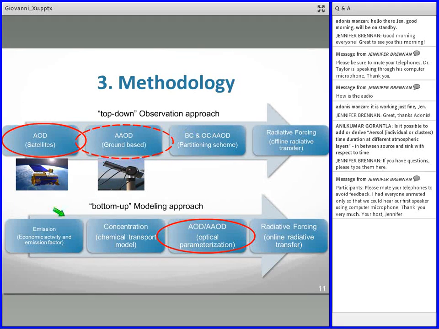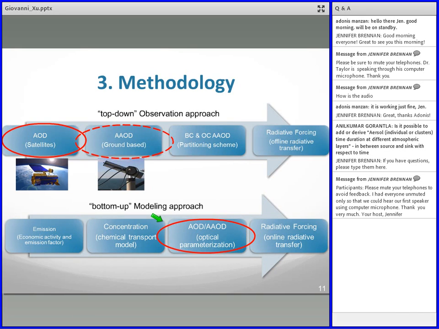So the modeling part, on the other hand, is basically a bottom-up approach. You start with some assumption of emission inventory, then use the chemical transport model to calculate the atmospheric concentration of aerosols over specific regions.